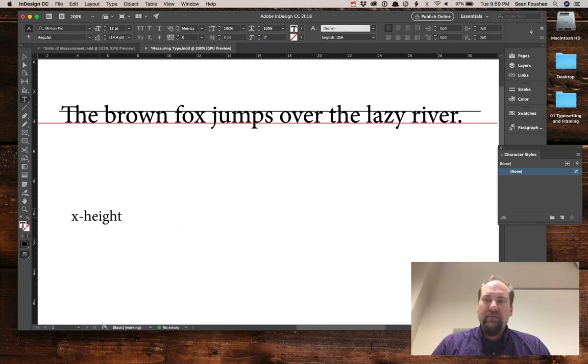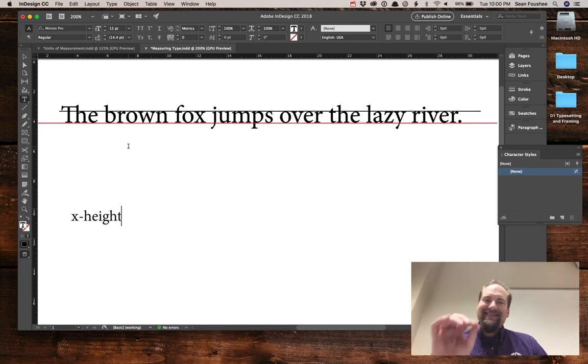Now the X height, a lot of people get this confused and think this is the height of lowercase letters. Sort of. Not really. Depending on the font that you're actually using, there may be lowercase letters that extend above the X height. Look at the lowercase t as an example. In a lot of these serif fonts, the terminal in the r, that little bit that curls around, sometimes goes above the X height in certain fonts.